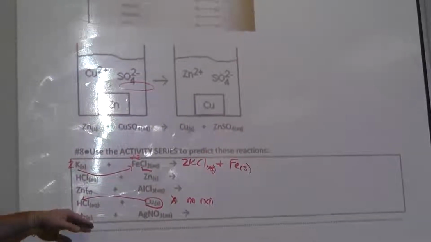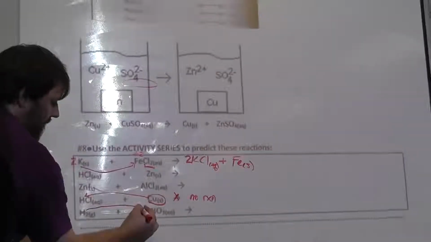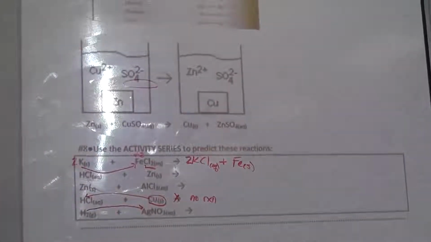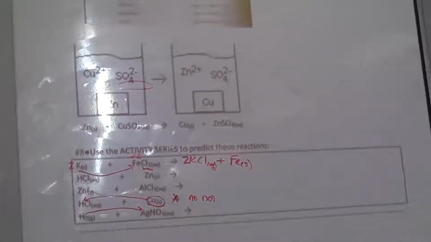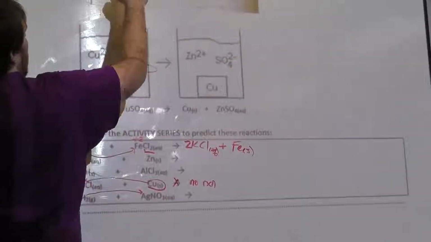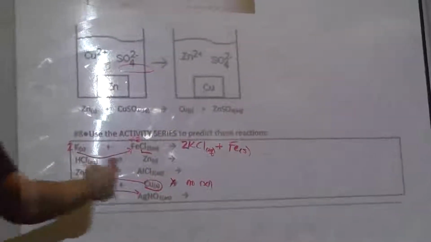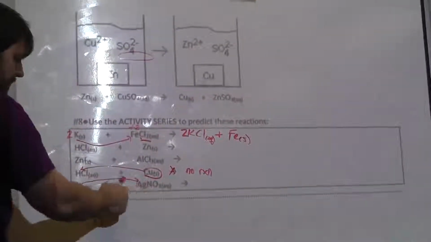Okay. What about this one, this bottom reaction? Does hydrogen have the brute force to come in and kick silver out of its spot? Yeah. So then you've got hydrogen and silver. Does silver rank higher or lower than hydrogen? Lower. So silver will get beat out of its spot.